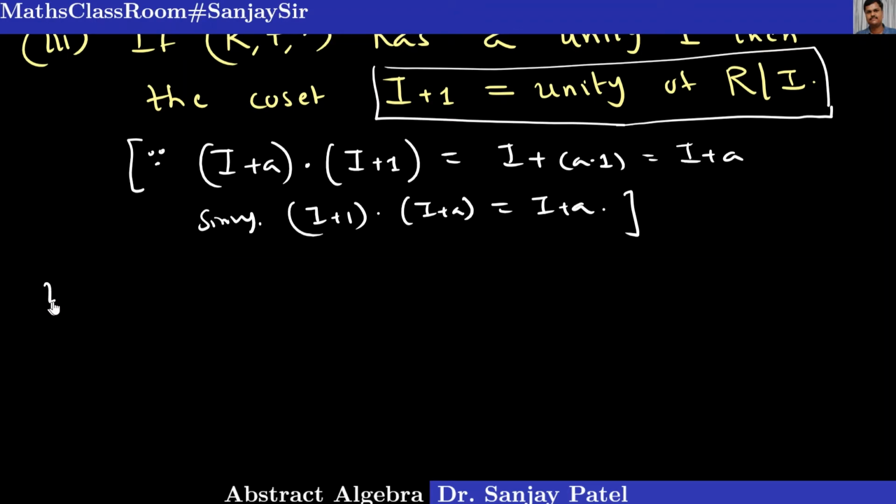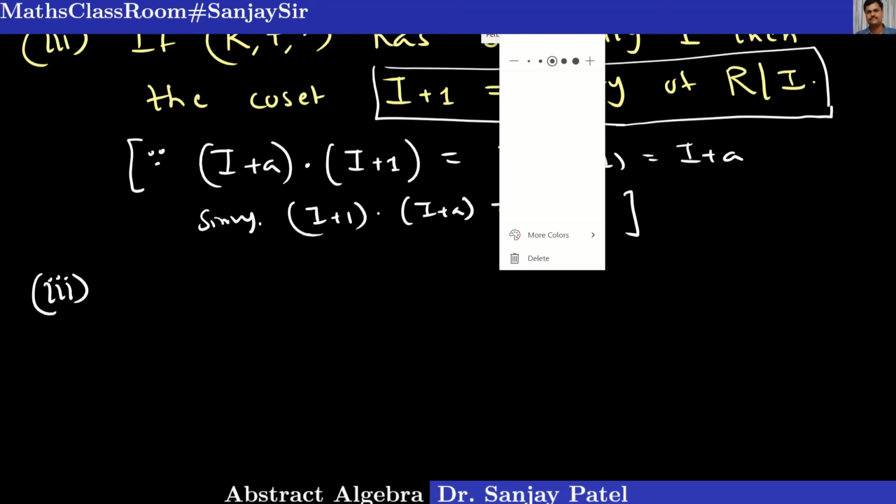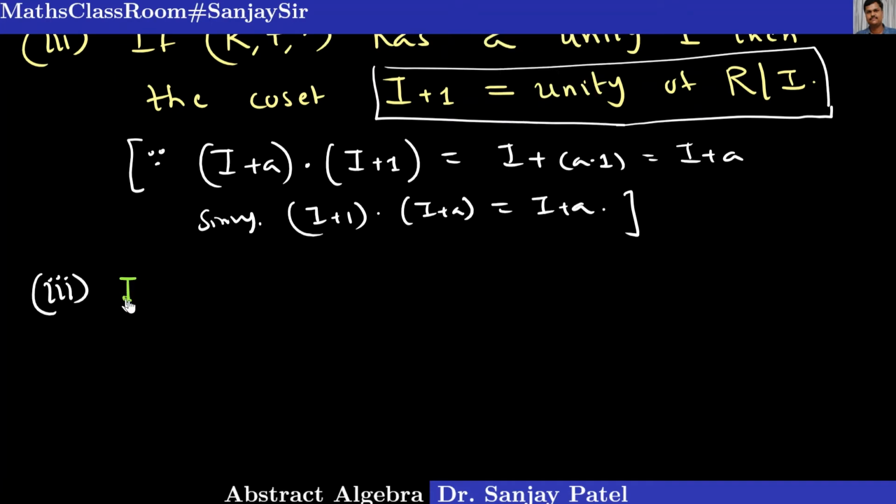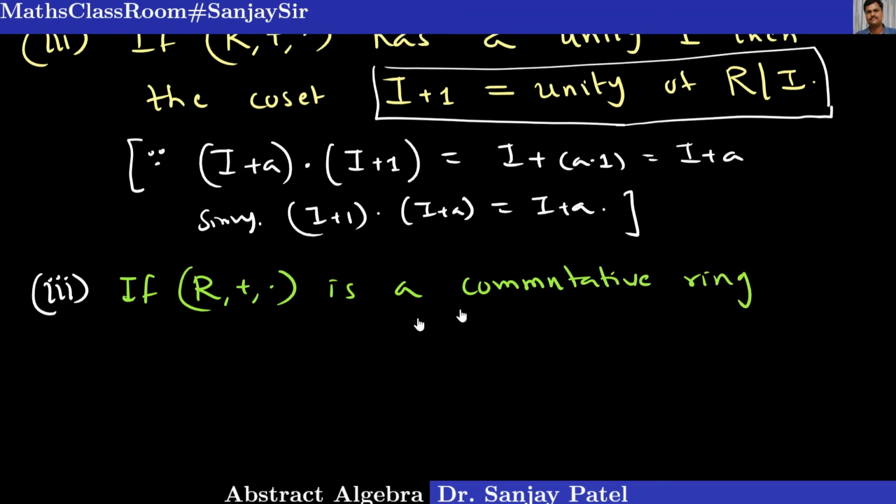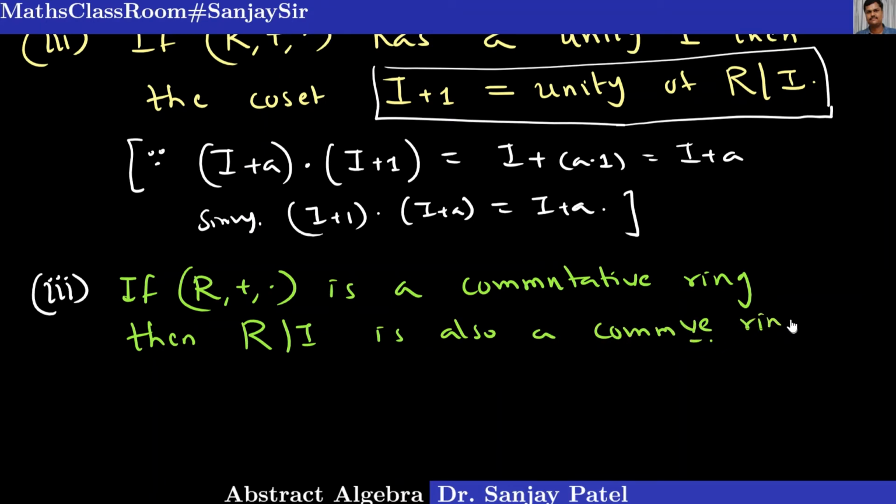Another important observation is that the ring R mod I need not be commutative. It is commutative if the ring R is commutative. So if R, plus, dot is a commutative ring, then R mod I is also a commutative ring.